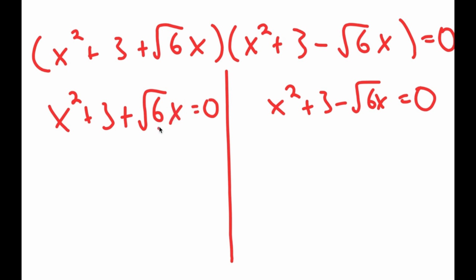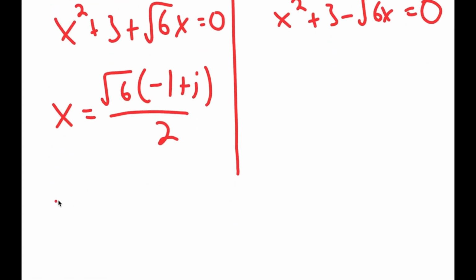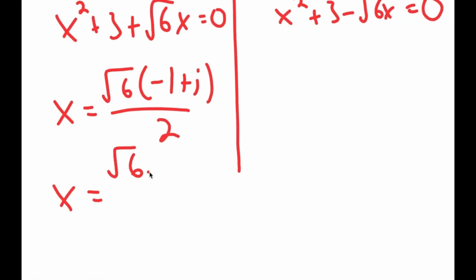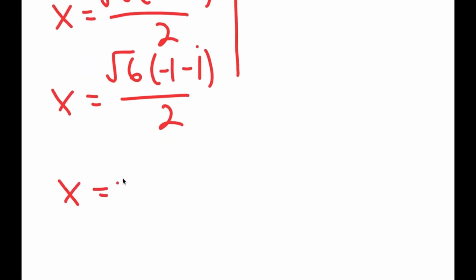You should get that x is equal to the square root of 6 times negative 1 plus i over 2, and x is also equal to the square root of 6 times negative 1 minus i over 2. And also, along with this, you should get x is equal to the square root of 6 times i plus 1 over 2.